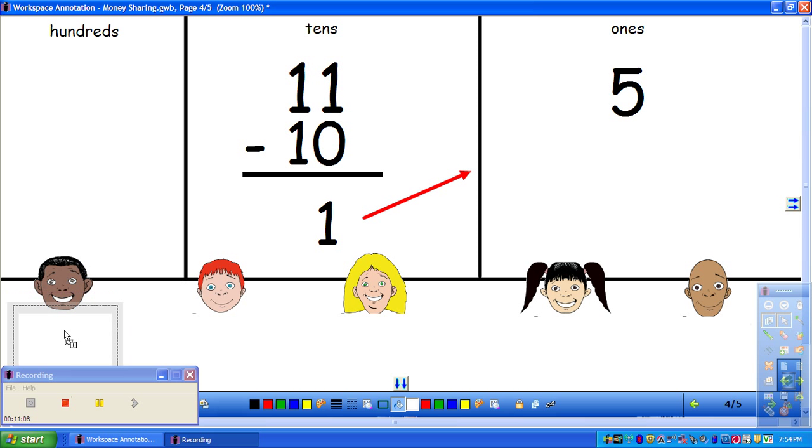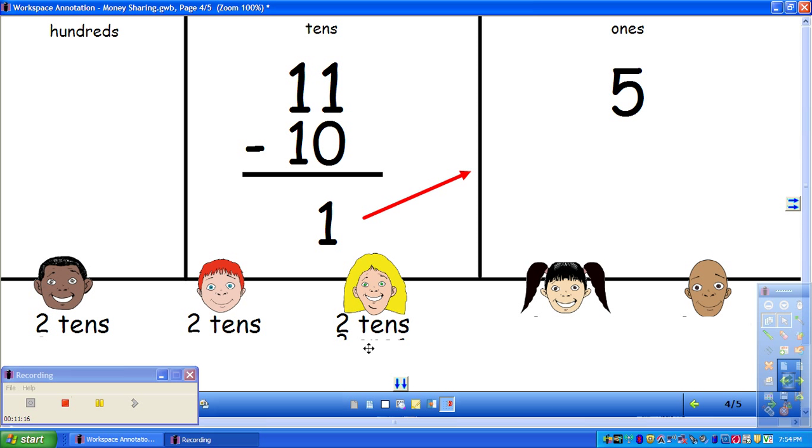And by the way, I'll show you that. We gave 2 tens to this person. We gave 2 tens to this person. We gave 2 tens to this person. 2 tens here. And 2 tens here. Which is a total of 2, 4, 6, 8, 10 different tens.